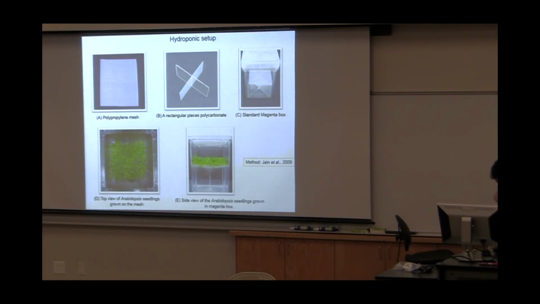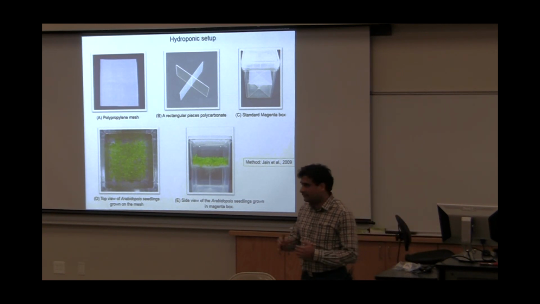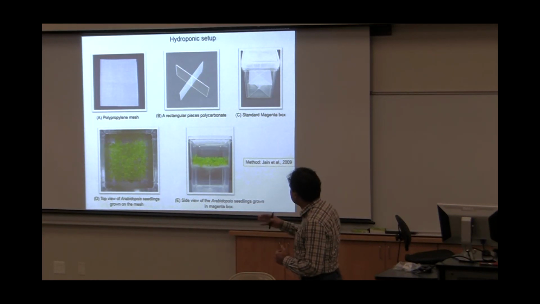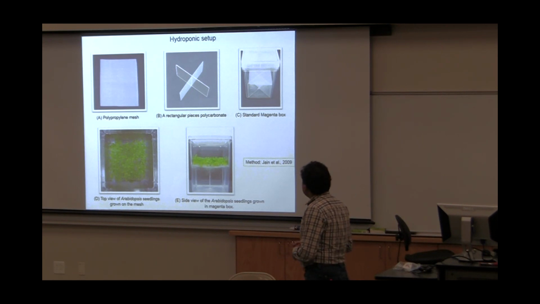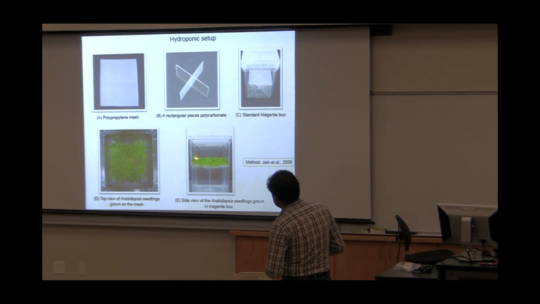So we designed a concentration-dependent experiment from minus P to excess phosphorus, and we kept increasing the concentration to see the effect of phosphorus. For this, we set up a hydroponic experiment in which a polypropylene mesh of 250 micron size was used. We sow the seeds on that mesh, and we put it inside Magenta boxes using polycarbonate wedges, and the plant grows like that.